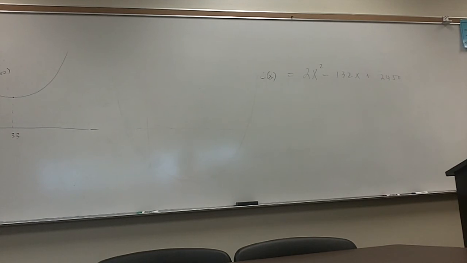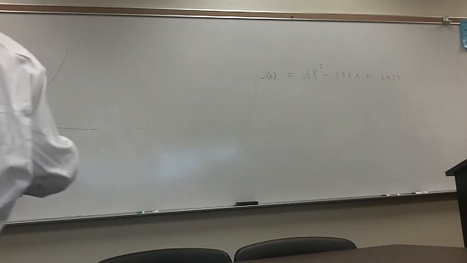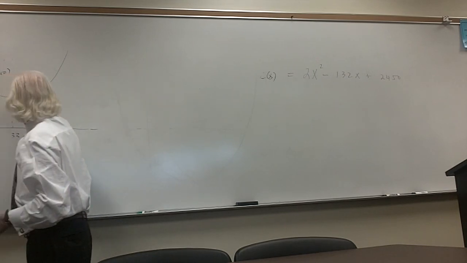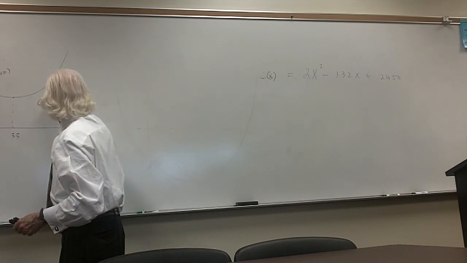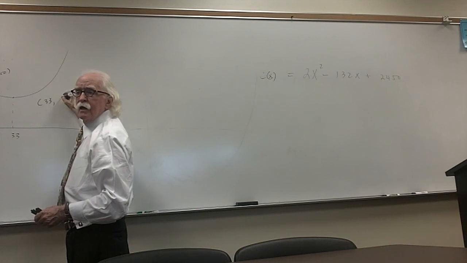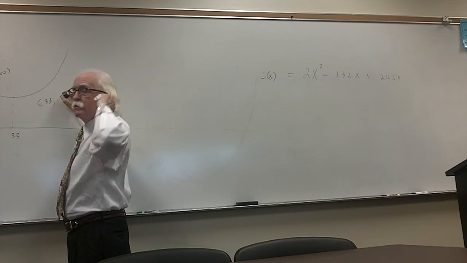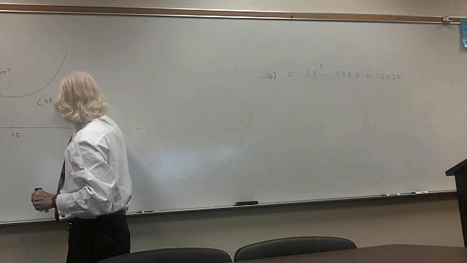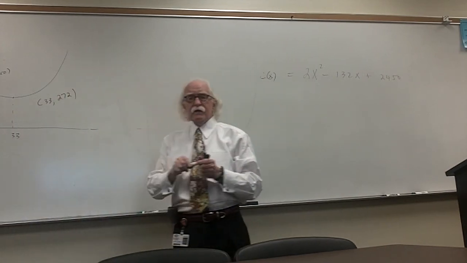Okay. Got that? That's the first number, so as you go to 33, you plug the 33 back into the equation, and it gets you this point right here. What did you get for this point? You got 33, what was it? 272. Everybody see that?